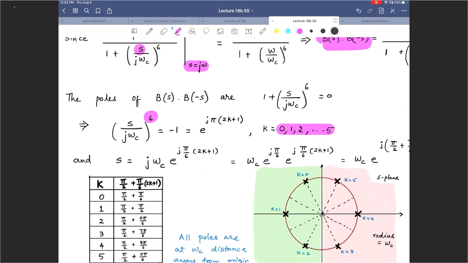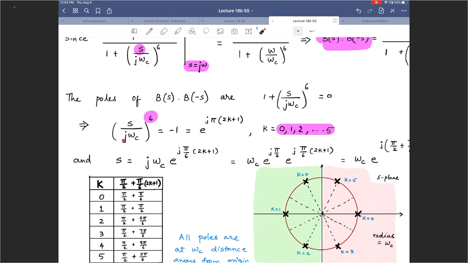Continue with our discussion. Rearrange. So I need s. I got s divided by j omega c raised to 6. So I can write s by first taking the 6th root of the right side, which will give me e raised to j pi over 6 times (2k plus 1).